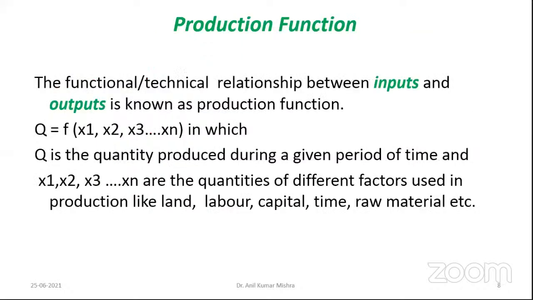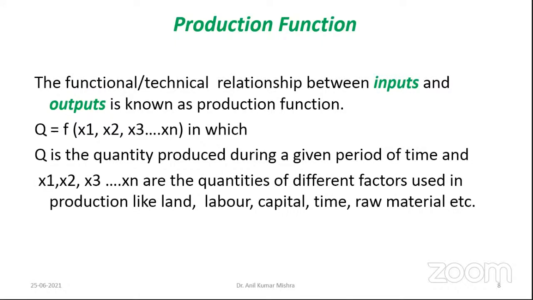Now it is time for the production function. So we have to move to the basic concept. After knowing the basic idea, what is production, what is the production process, and so on, we move to the production function. The production function is a functional or technical relationship between input and output.